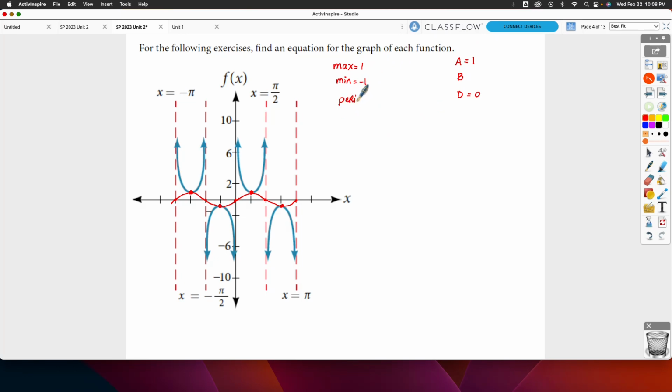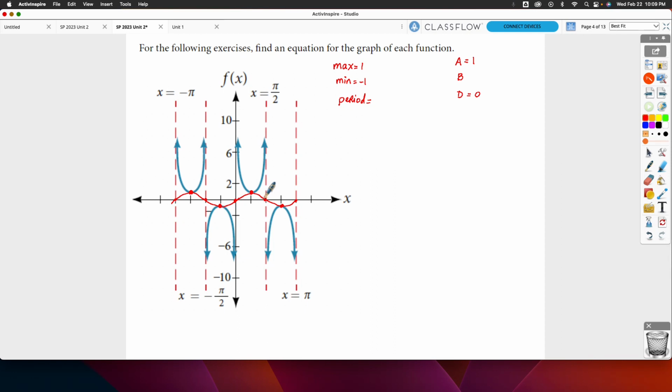Our period here, we can go from this maximum to this maximum. Oh, wait. We are given that this is negative pi over 2. So we can go from this intercept, which is negative pi over 2, to this intercept, which is pi over 2.